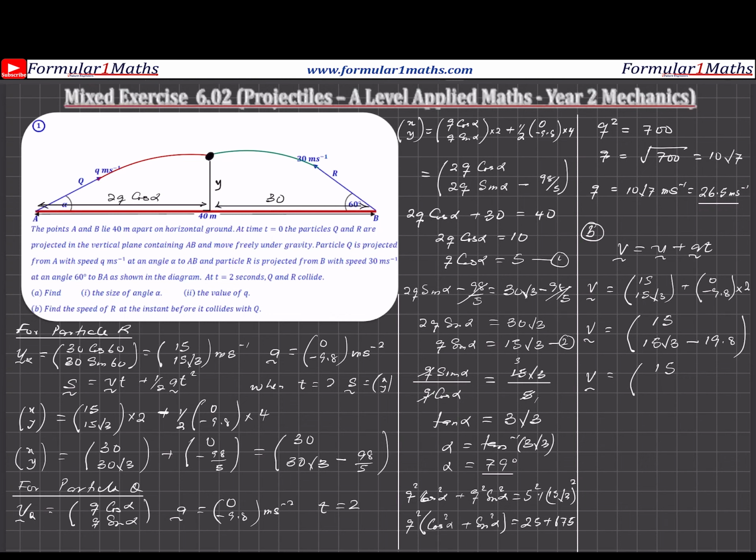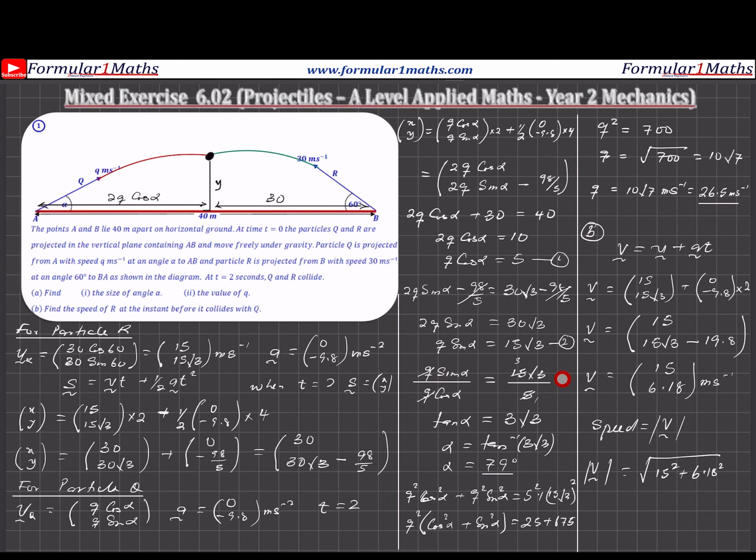15 and 6.18 meters per second. But I want the speed. The speed is the modulus of the vector V. So that will be the same as square root of 15 squared plus 6.18 squared.